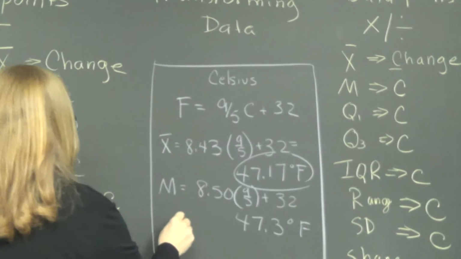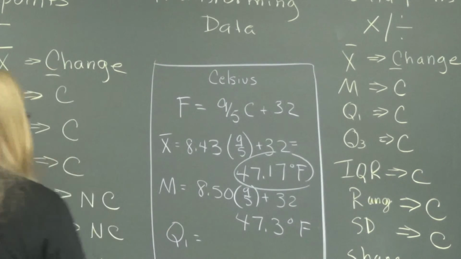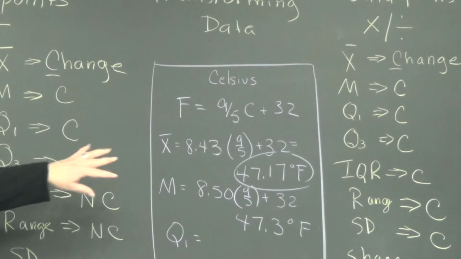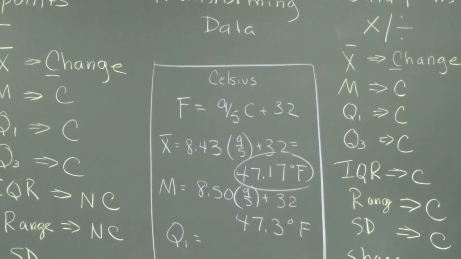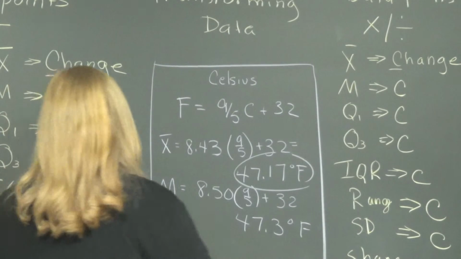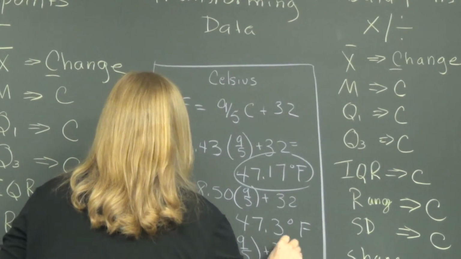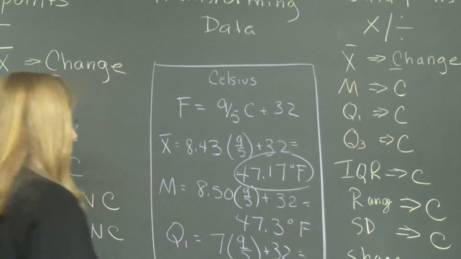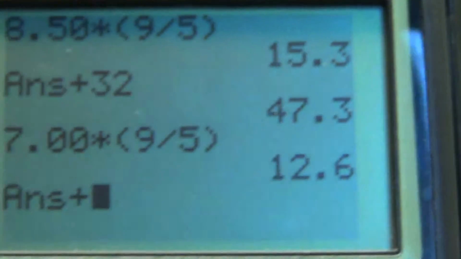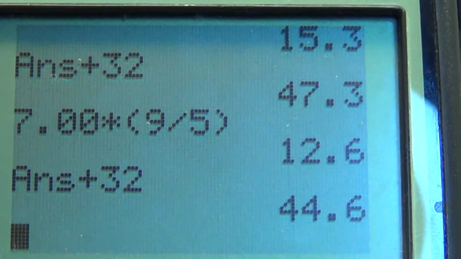Let's do Q1. Is it affected by multiplication? It is. Is it affected by addition? It is. So Julia, what's Q1? Q1 is 7.00. 7 times 9/5 plus 32. I need someone. 44.6. Anyone confirm?